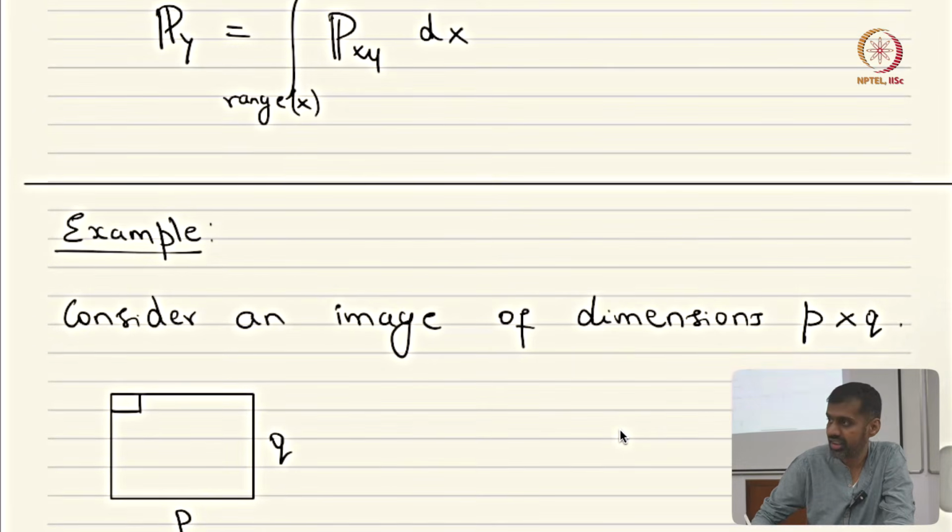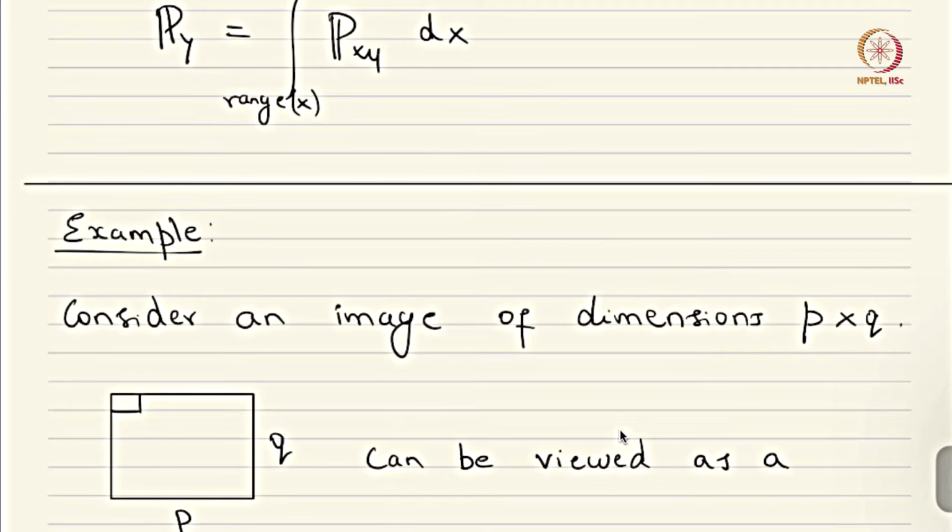Now for our purpose, this can be viewed as an R^(pq) dimensional vector.